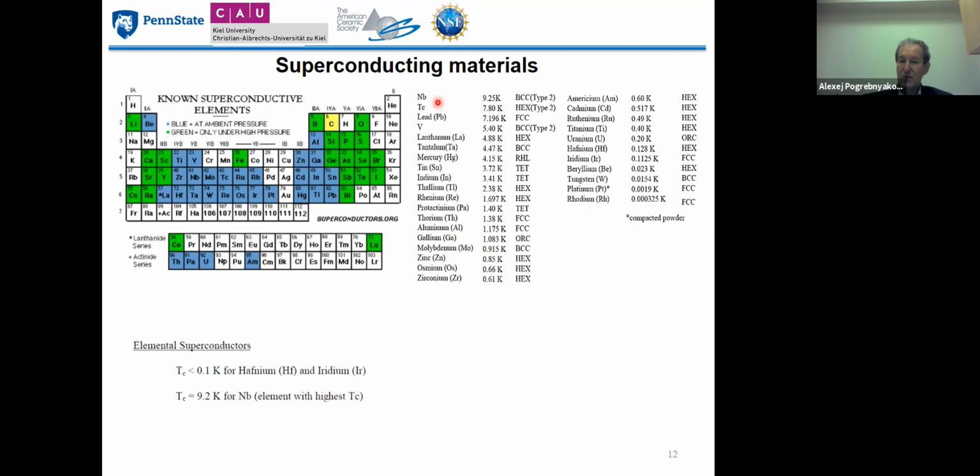The maximum critical temperature of an elemental material is 9.25 Kelvin for niobium. And there are elements with very low critical temperature. By green color, we mark the elements that become superconducting at higher pressure.